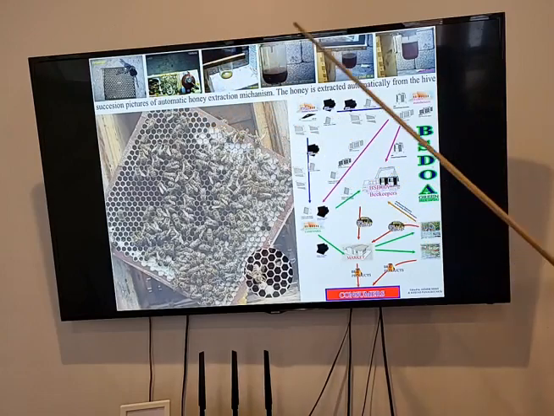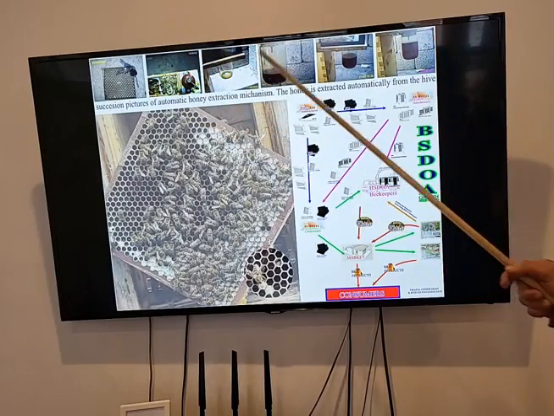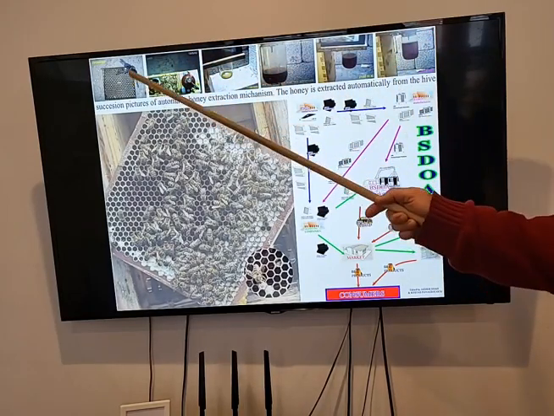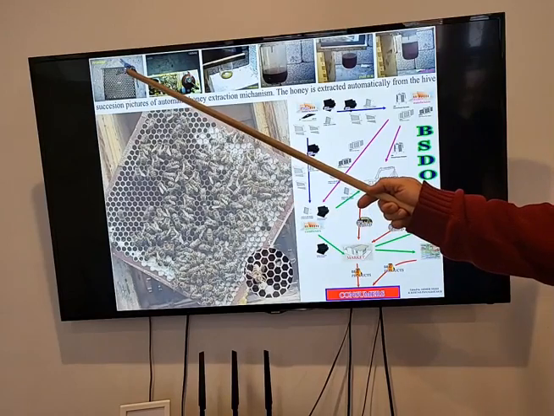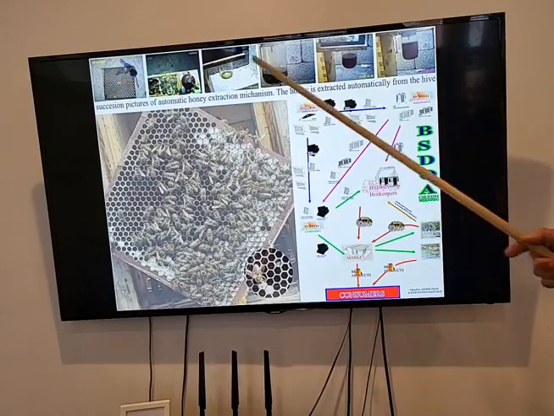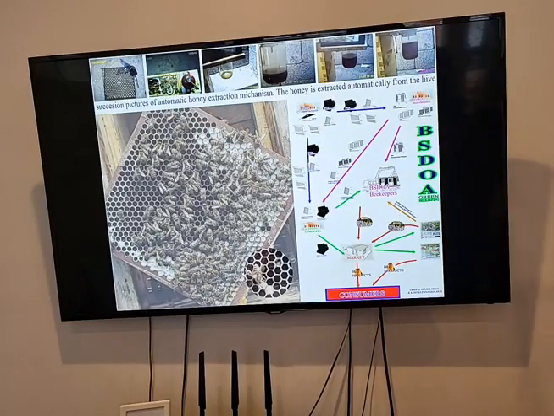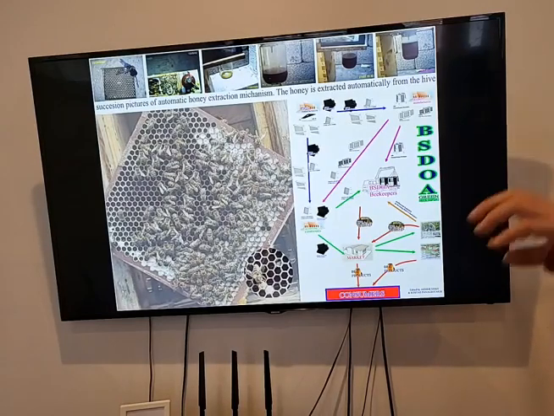These are some figures of how you can extract honey automatically from the beehive. This is my case, in 2002. I did all of that in 2002, and I extracted honey automatically from the beehive. I can't say it was all nice and glamorous, but it's a first sign that honey can be automatically extracted from the beehive without annoying the bees, using my idea of conducting honey pools.